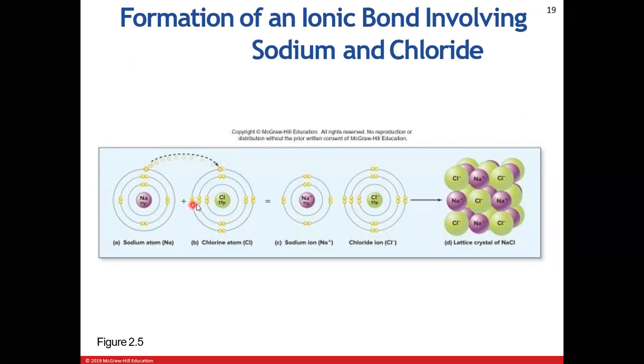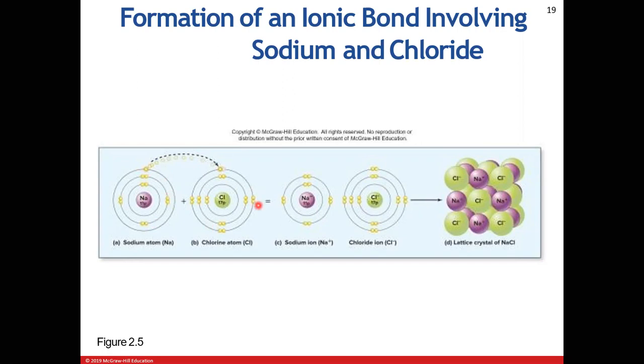So how does each of these atoms become a happy atom? By satisfying the octet rule, the rule of 8 in its valence shell. Sodium would give 1 up, which means its valence shell is now full. Chlorine would take 1 in, so its valence shell is now full with 8.